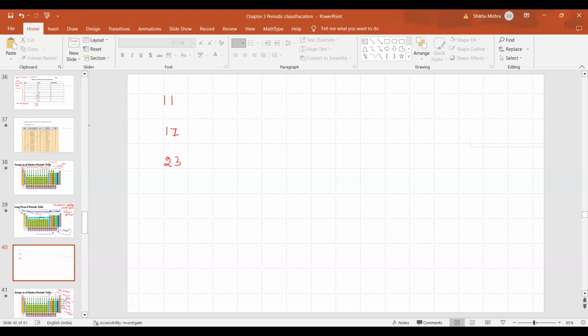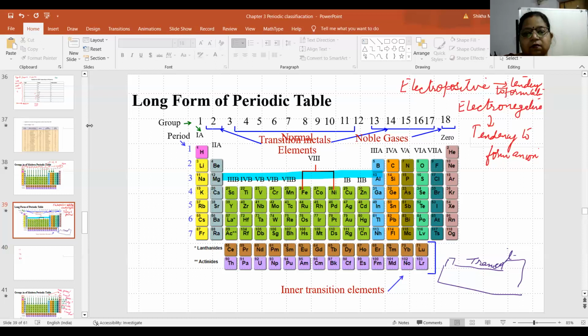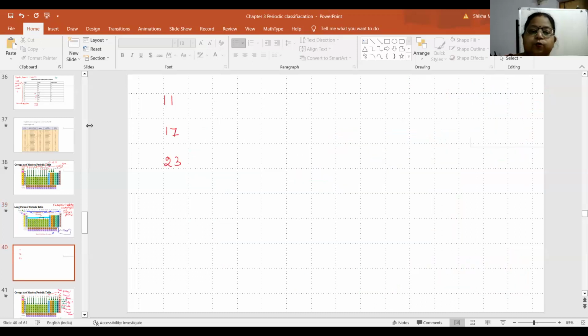From the table that you just showed, isn't zero group like all noble gases? Yeah, okay. I'll come back to that. I'll explain it to you. 11, 17, 23, and then let's say 62.